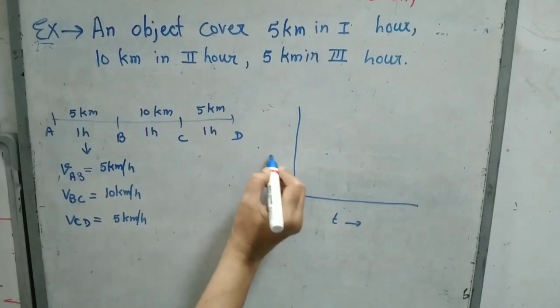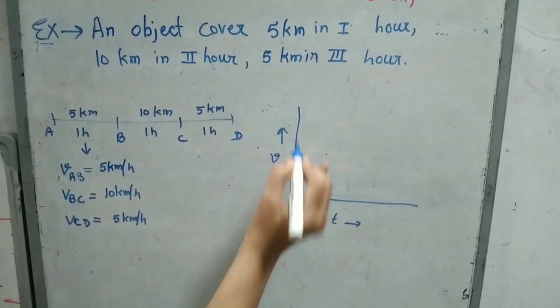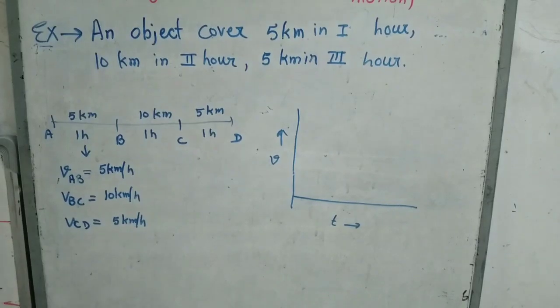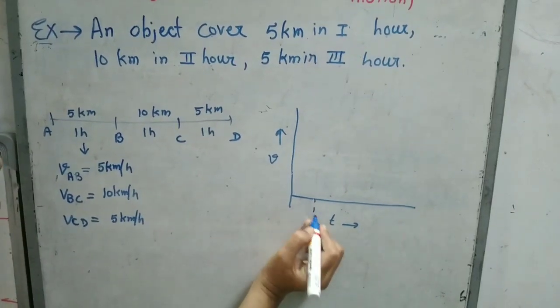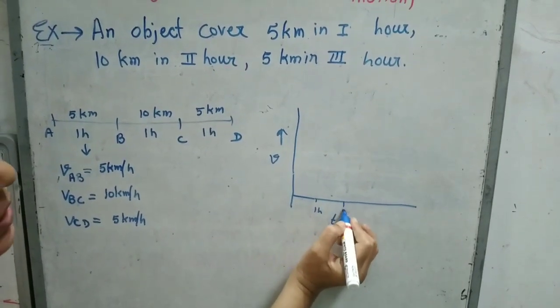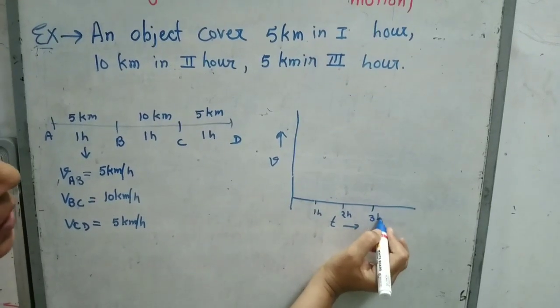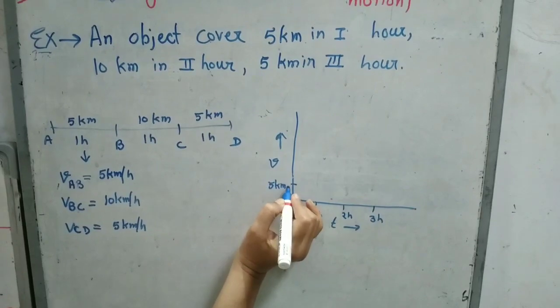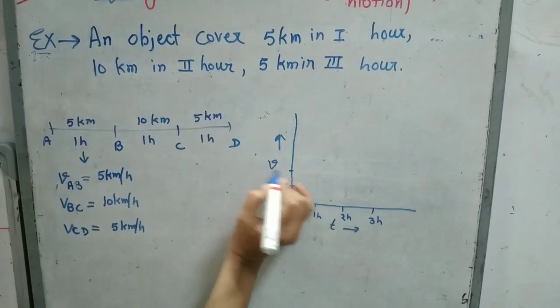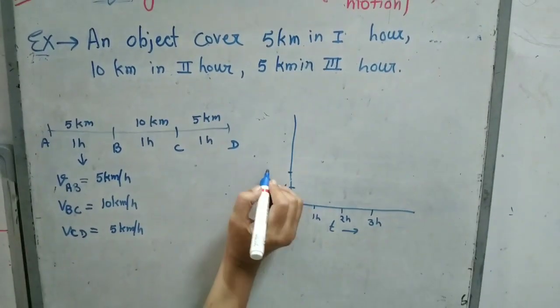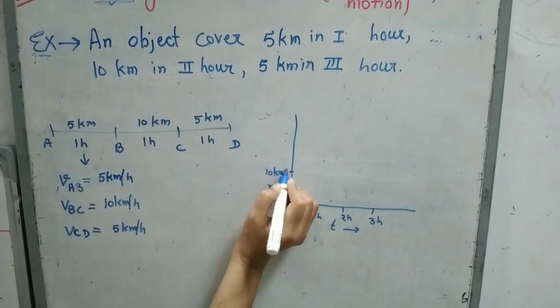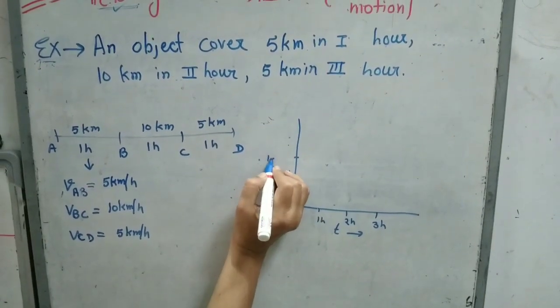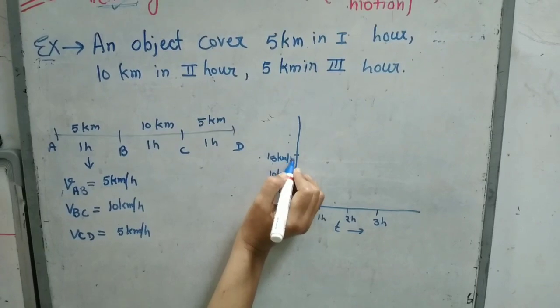This is our time axis. This is our velocity axis. Now this is the first hour, this is the second hour, this is the third hour, and so on. The velocity is taking the interval as 5 km per hour, 10 km per hour, 15 km per hour, and so on.